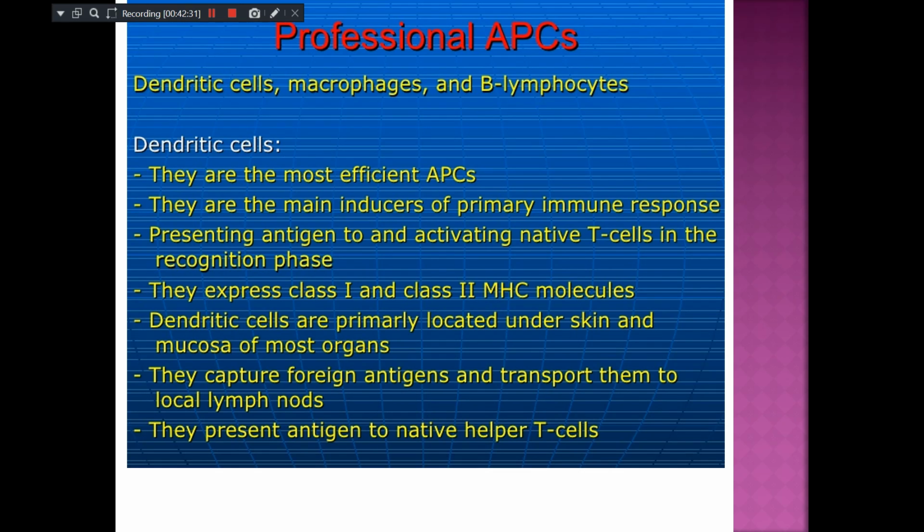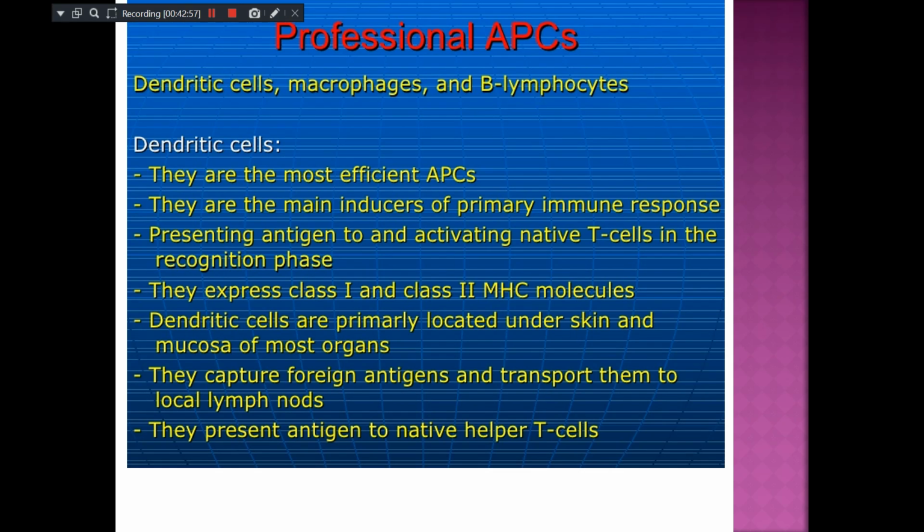They are the main inducers of our primary immune response also. What they do is present the antigen and activate the naive T cells, and they also express class 1 and class 2 MHC molecules. These dendritic cells are generally found under the skin and mucosa of many organs.